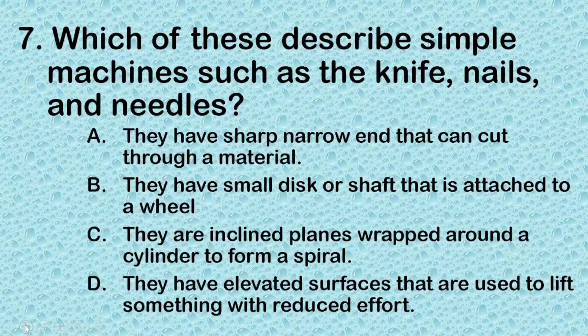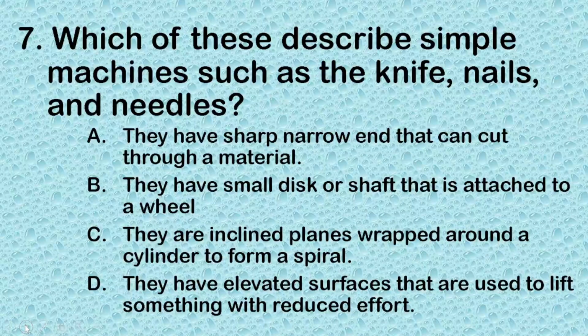7. Which of these describes simple machines such as the knife, nails, and needles? A. They have a sharp, narrow end that can cut through a material. B. They have a small disc or shaft that is attached to a wheel.